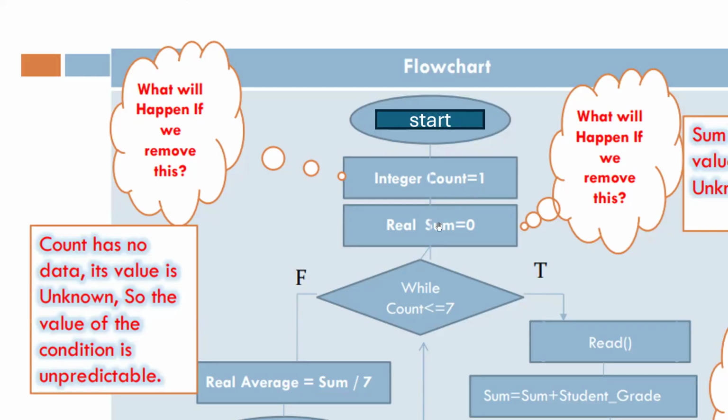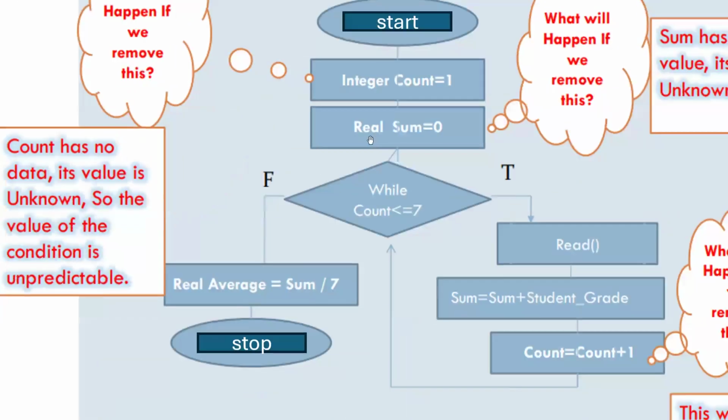So for example, this real means actually, real is a kind of variable type, just like an integer. If you want to calculate this kind of numbers, for example, this average cannot be an integer number. It can be a floating number. It can be a double number. So we have some different types, as you see, which are not an integer number.